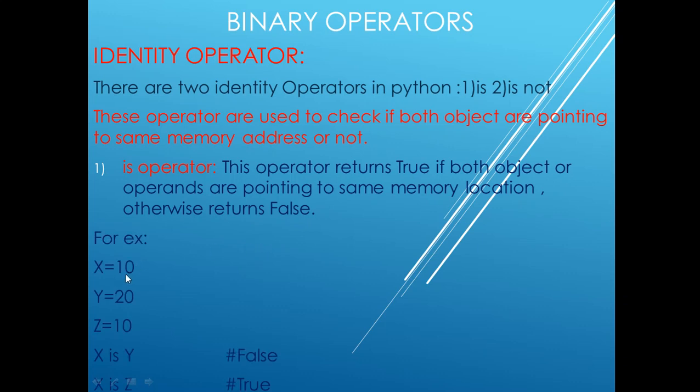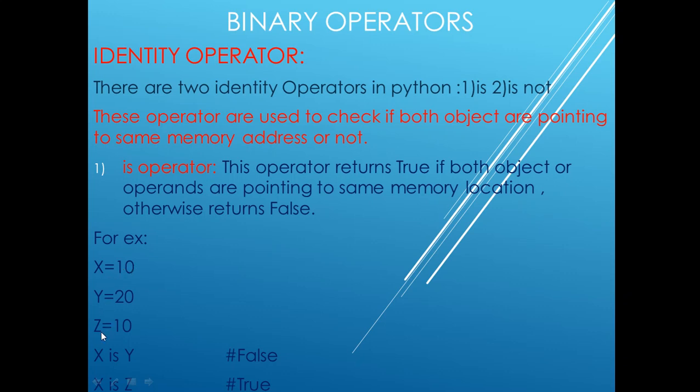Just look at the example here. The value 10 is assigned to the variable x. Now you are comfortable with that, because in the last class I have told you how to declare a variable, what is a variable, what is a literal or constant, and what do you mean by operator. So this statement x = 10 means we are assigning the literal 10 to the variable x.